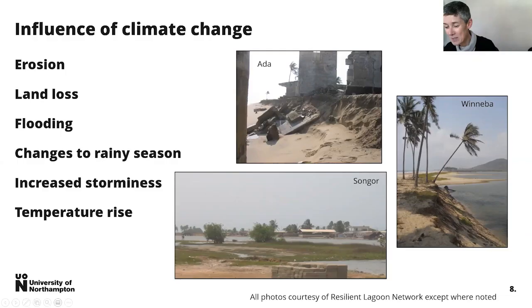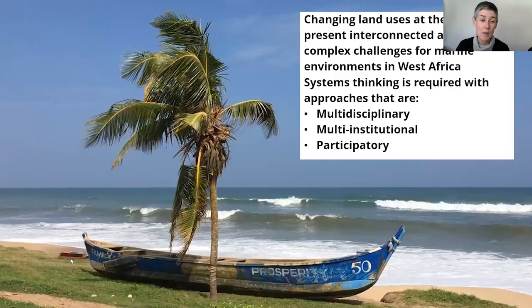I did mention that I was going to be something of a naysayer here. I really wanted to talk about the challenges that are specifically impacting that region of West Africa and how land use at the coast and its changes, particularly the urbanization and the industrialization, is driving changes in nearshore and marine environments.